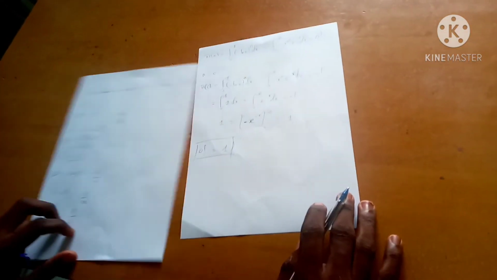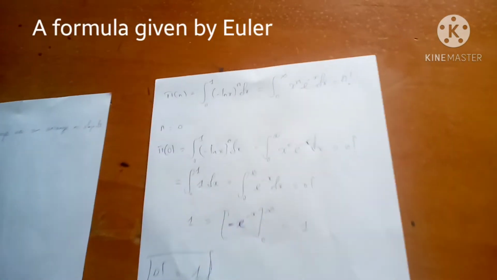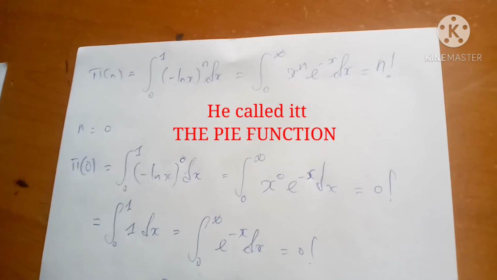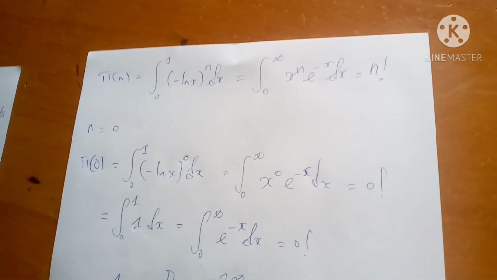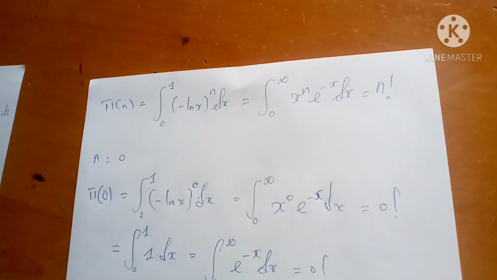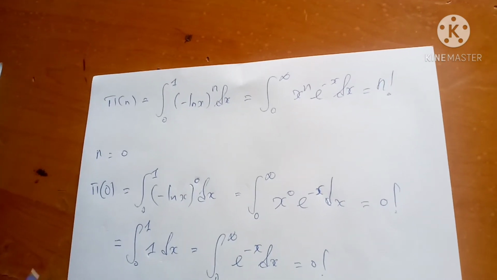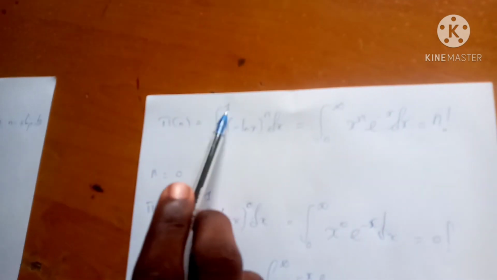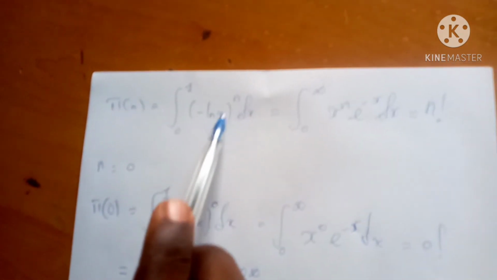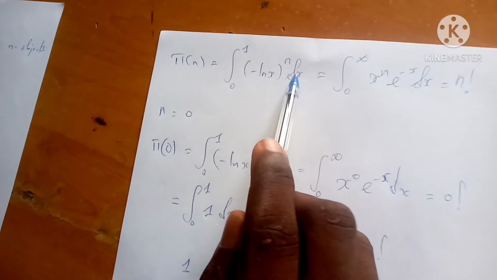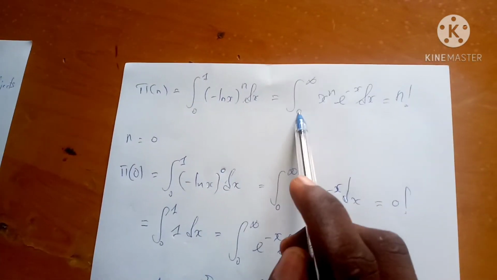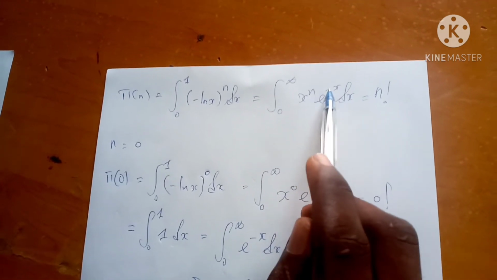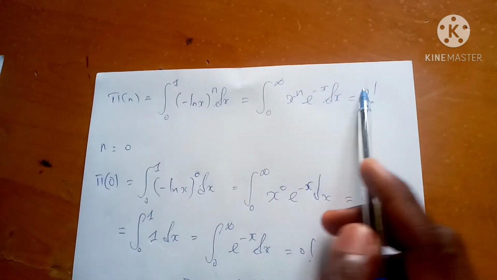Now let's use a formula given by Euler. He called it the pi function, a relationship he brought up to have n factorial of n objects. He said pi of n is equal to the integral from 0 to 1 of (negative ln x) to the power n dx, which is equal to the integral from 0 to infinity of x to the power n times exponential of negative x dx, equal to n factorial.